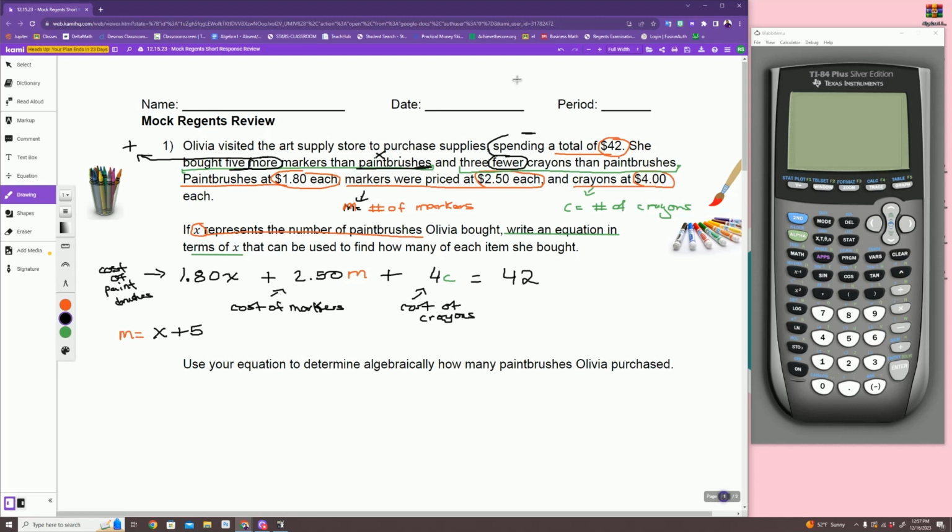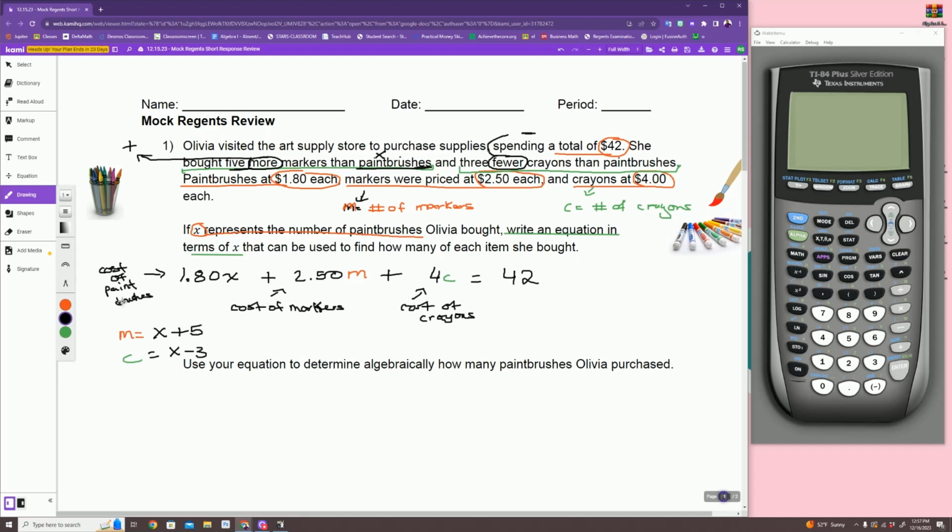Or if she bought 10 paintbrushes, 3 fewer would be 7 crayons. So an equation for that could be C is equal to X, the number of paintbrushes, minus 3. So any number of paintbrushes she bought, 3 less than that would be the number of crayons.